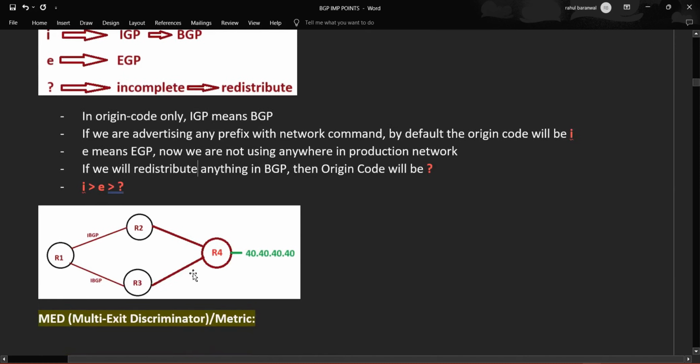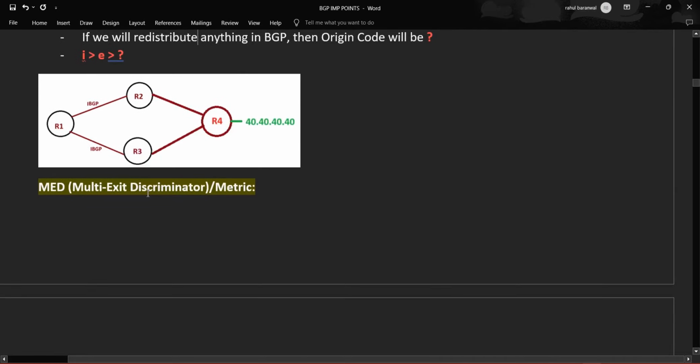Now suppose we have this topology, R1, R2, R3 and R4, and R4 is advertising this prefix via the network command. Then in R1 this prefix will be shown as I, right? So here we cannot decide which path will be best, via R2 or via R3, right? So we move on to our next path selection criteria, that is MED, multi exit discriminator, or we can say metric.